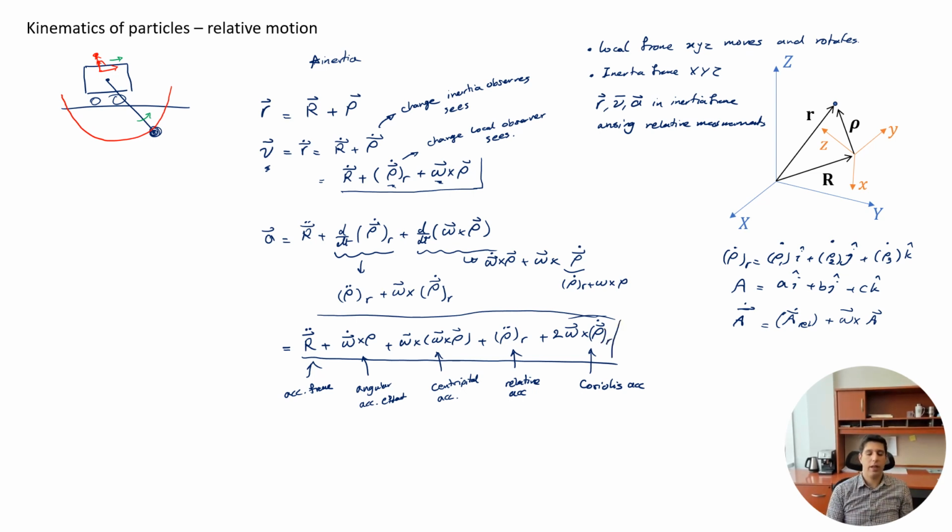So if I'm rotating, that is this omega, the observer rotates and also sees the particle moving in that frame.